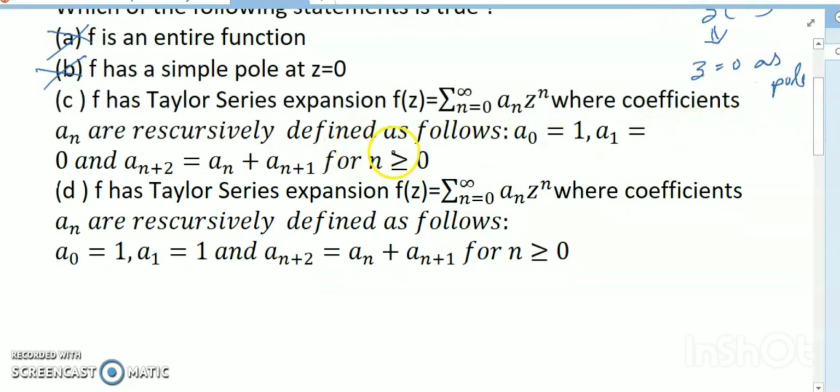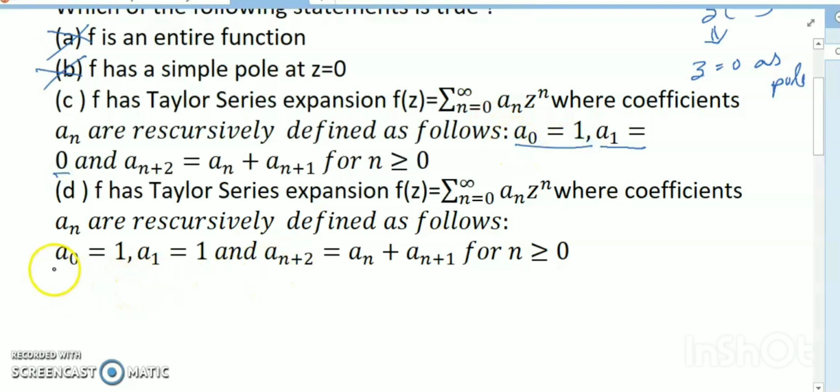f(z) = sum from n = 0 to infinity of a_n z^n, where the coefficient a_n is recursively defined as follows: a_0 = 1 and a_1 = 0, a_(n+2) = a_(n+1) and so on. Okay, C and D, you can check. In case of C, a_1 = 0 and a_0 = 1.